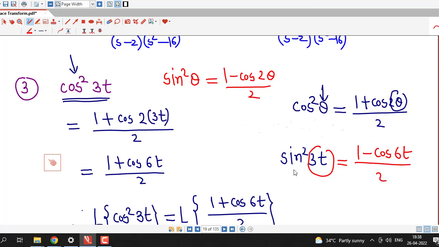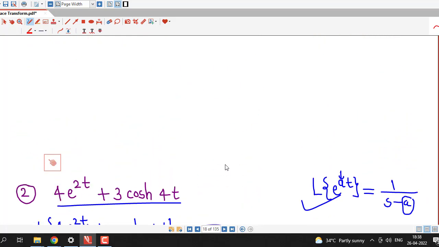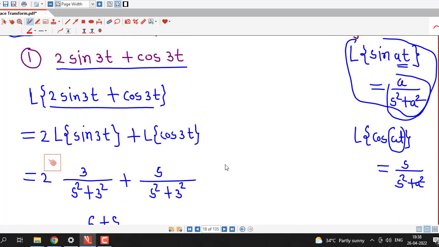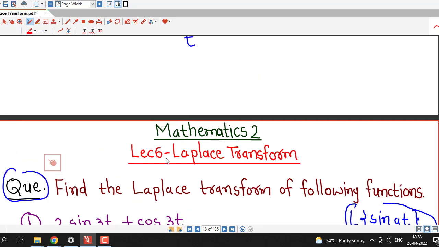So if you want to find out Laplace transform of sin square function, you can convert it into cosine function and constant function in this way, and then you can find out Laplace transform of sin square 3t as we have done this one. So in this way we can find out Laplace transform of some functions which are linear combination of those functions whose formulas for Laplace transforms we have discussed up to lecture number 5.